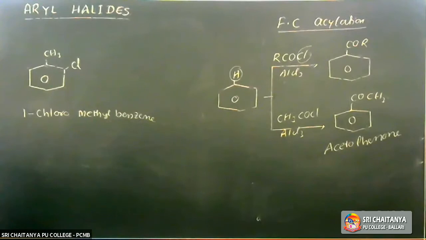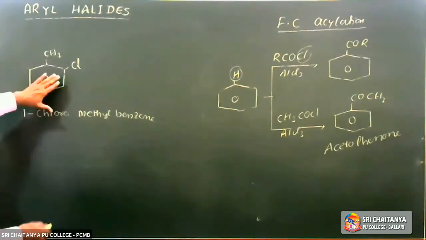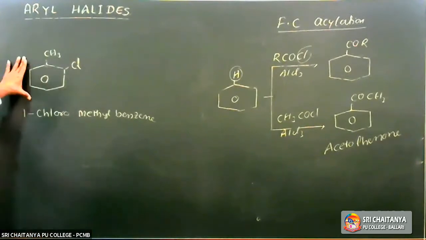So orthochlorotoluene is 1-chloro-2-methylbenzene in IUPAC naming. These are the substituted haloarenes.